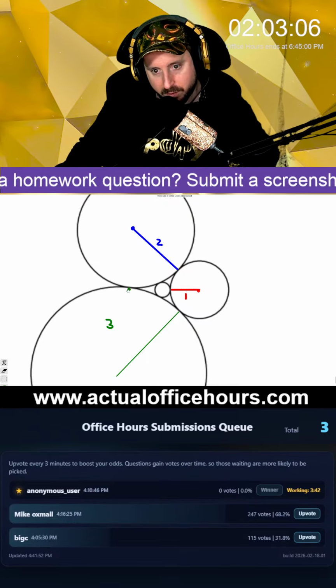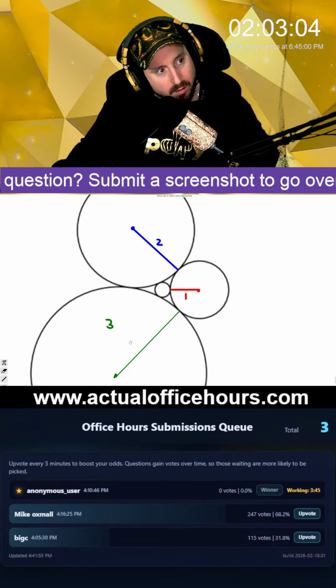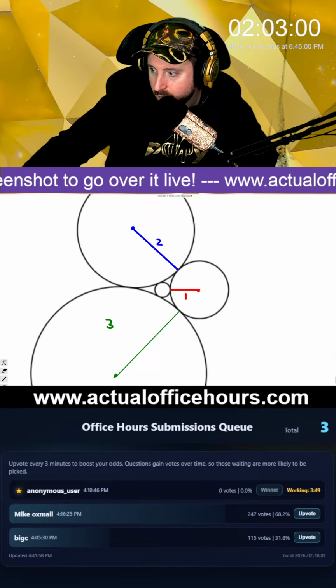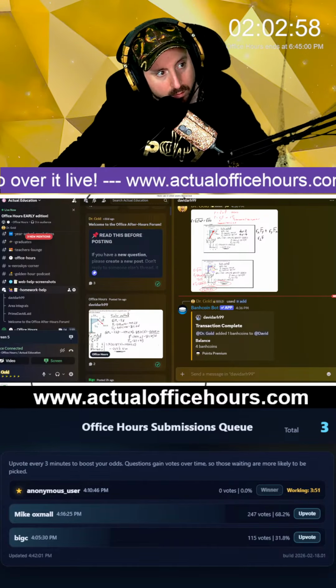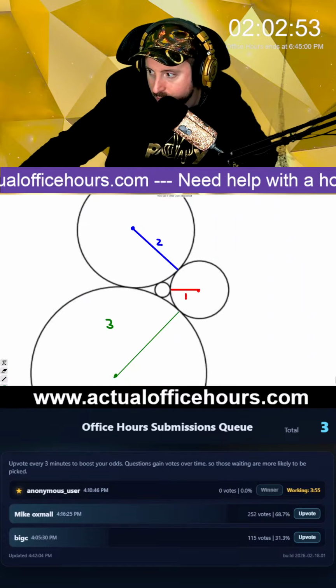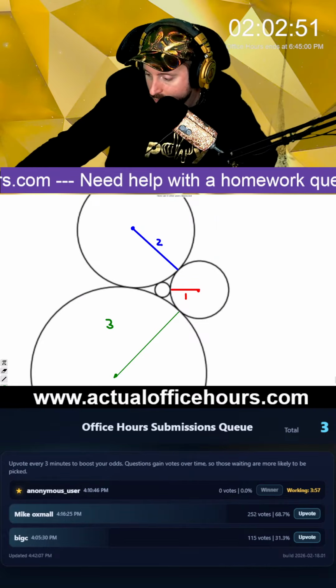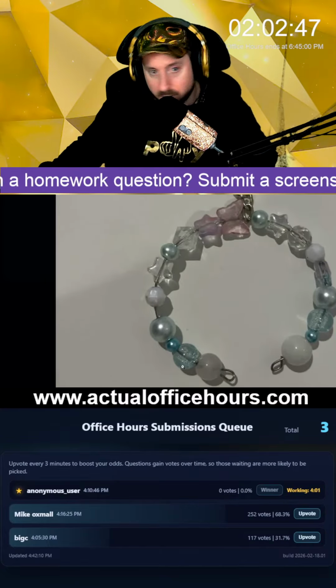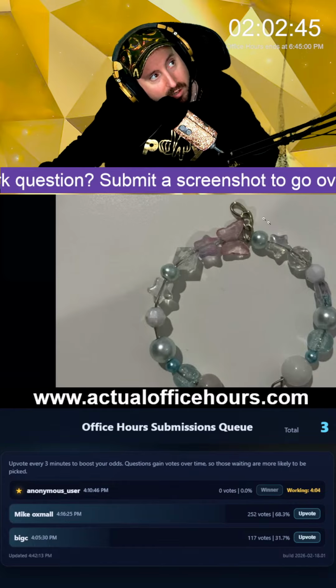Also, let me make these a little bit thinner. Oh, there you go, OBD. Let's check out your bracelet. Sick. That's a cool bracelet. I like that. I think I can see it on this one. Yeah, now I can see your bracelet. And it just stays on, I guess.